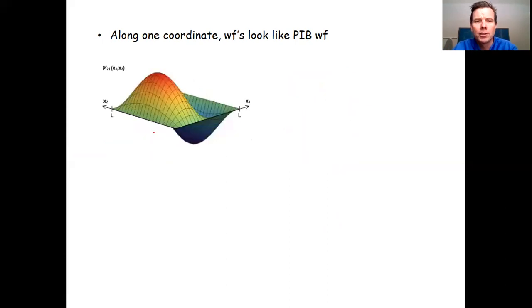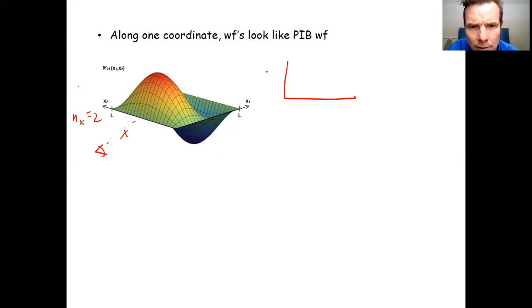Now there are other wave functions, psi 2, 1. Look at this one. Here's my x-axis. If I were to look along here, nx equals 2. The wave function you can imagine would look like this.